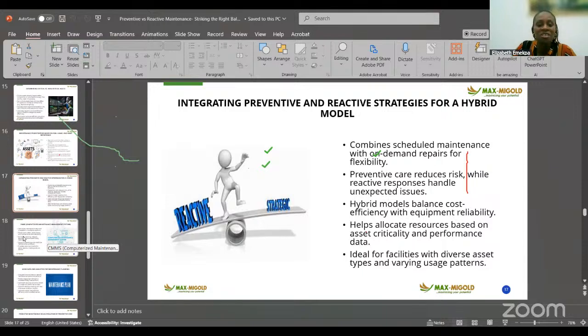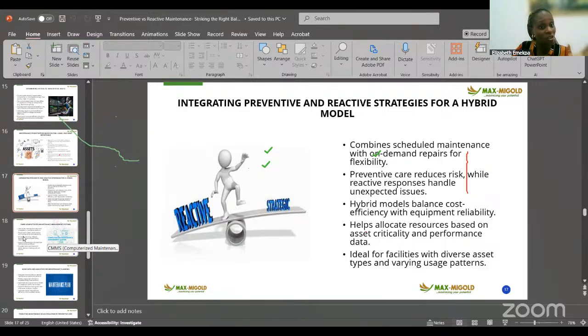Help allocate resources based on asset criticality and performance data. There are some of us who just want to use some things forever without a proper maintenance plan. Why don't you just go on and not cut your hair forever? I know some people that don't even visit the barbing salon for 3 to 4 years. It's just like your body.